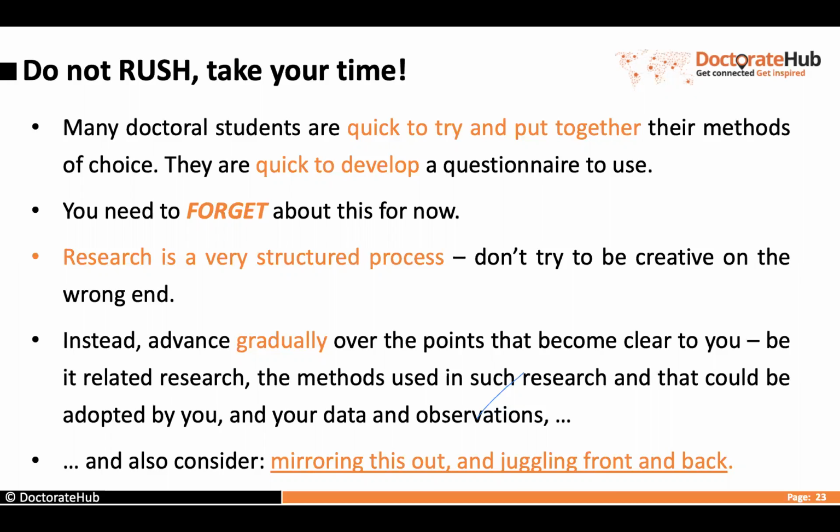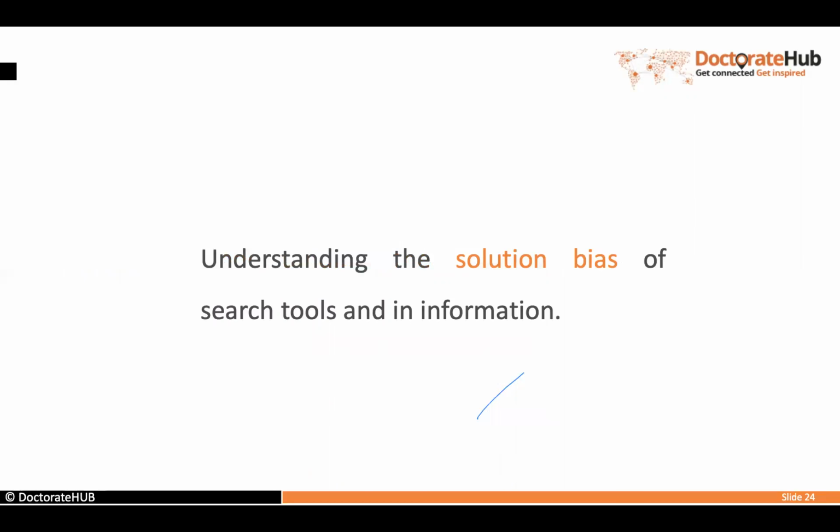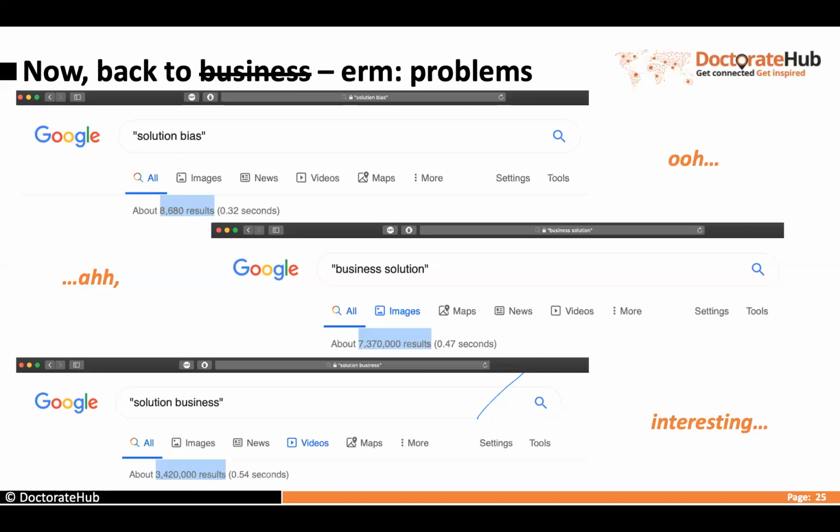With this, let us move into the next section and understand that the solution bias actually is also very, very much in the search tools and information that we use on a day-to-day basis. Now, I conducted a simple exercise whereby I asked Google 3 things. I first looked into the solution bias, which is the focus of today's webinar.